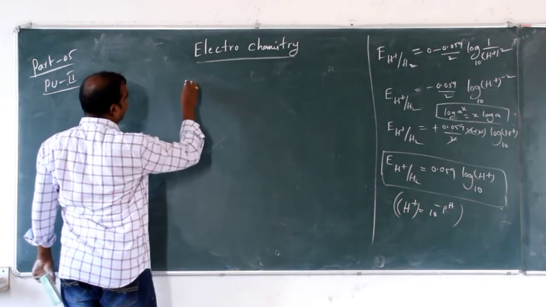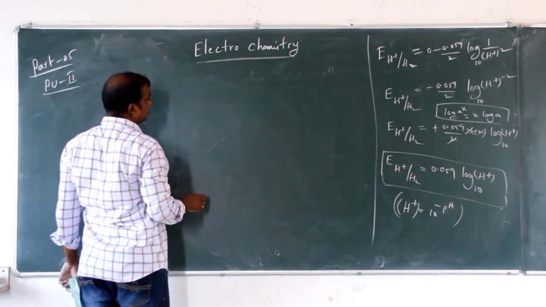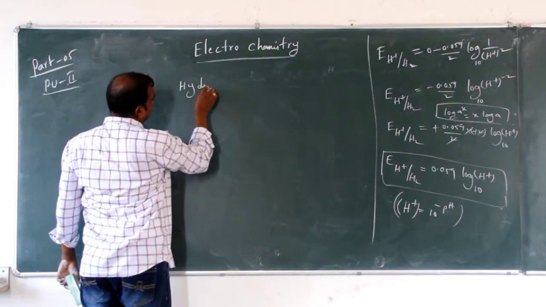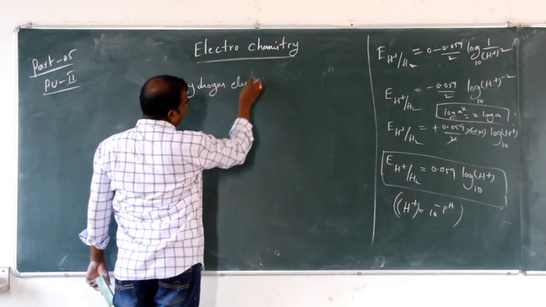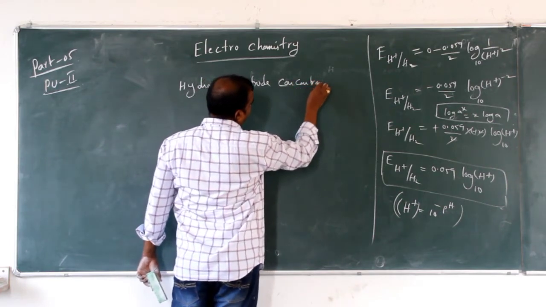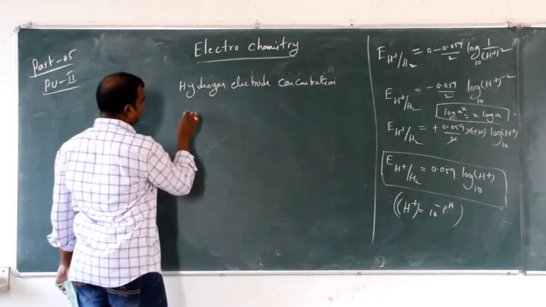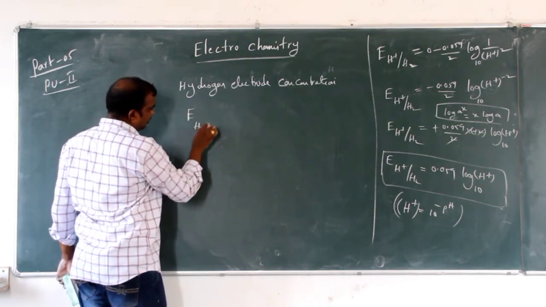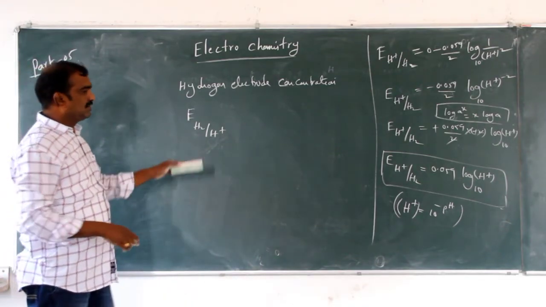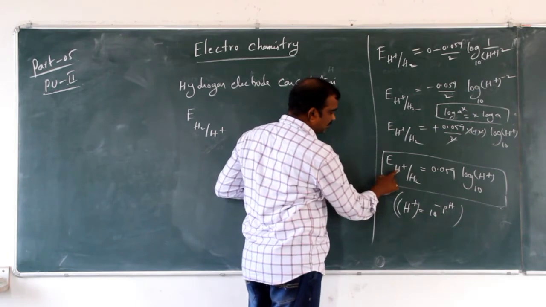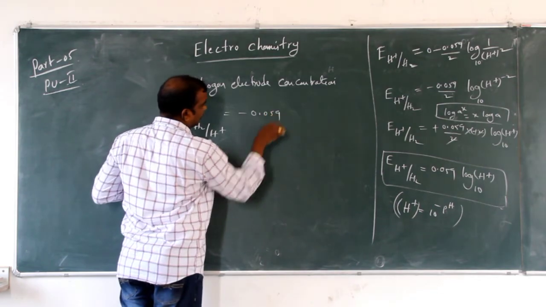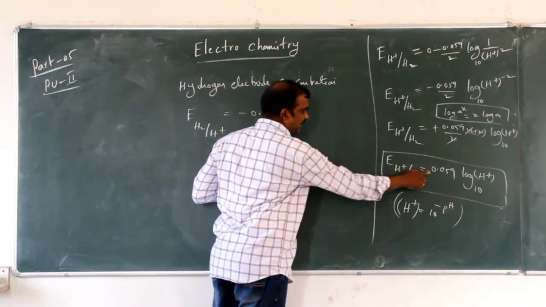So if you want to calculate the hydrogen electrode concentration, E of H2/H+, simply I am reversing this one. H2 becomes here, H+ becomes there. So E of H2/H+ is equal to minus 0.059 log of H+ ion concentration to base 10. If it is reversed, minus will come, that's all.